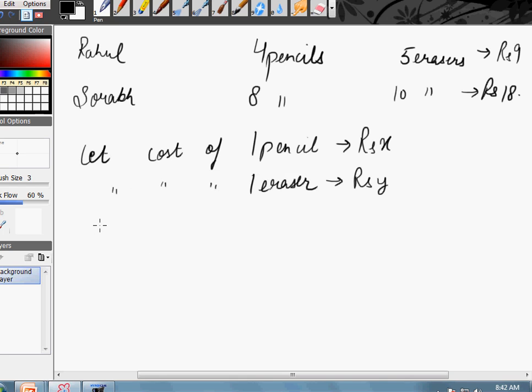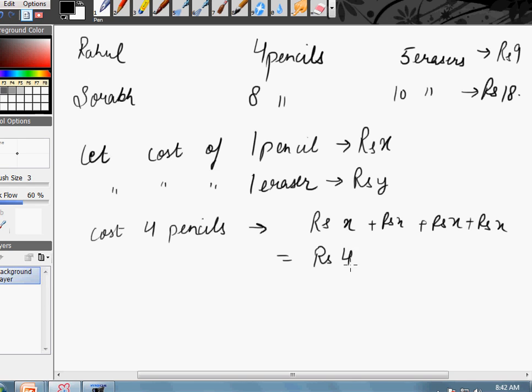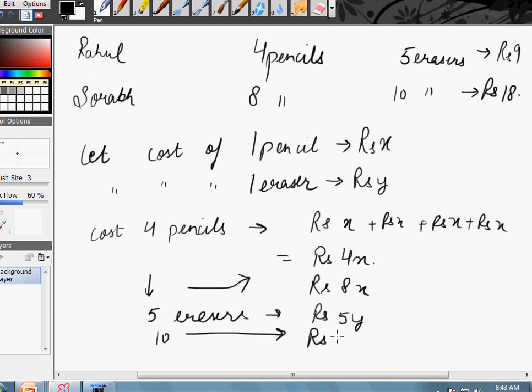Thus, cost of 4 pencils equals rupees x plus rupees x plus rupees x plus rupees x, which gives us 4x rupees. Similarly, for 8 pencils it can be rupees 8x. For 5 erasers we have rupees 5y. Similarly, 10 erasers can be of rupees 10y.